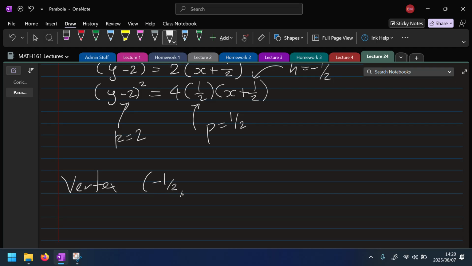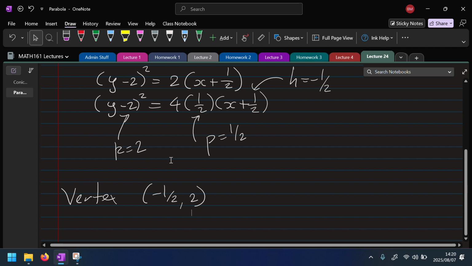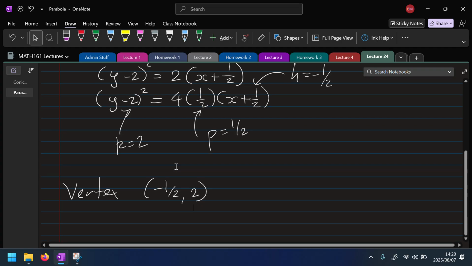So that's minus a half, 2. Or you can write it in terms of the h and the k. The h is the x part of the vertex, and the k is the y part. Or you can think of it as starting from 0, 0, shifting to the left, shifting up. Okay, what about the focus?